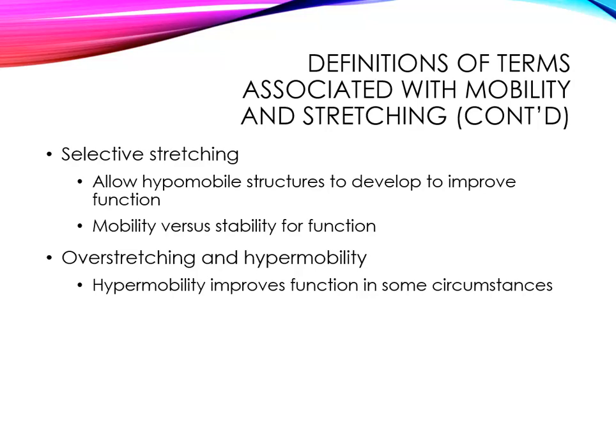Hypermobility can create detrimental joint instability if the static supporting structures and/or the dynamic muscular control of the joint are unable to maintain the joint in a stable, functional position during activities. Instability of a joint could cause pain and may predispose a person to musculoskeletal injury.